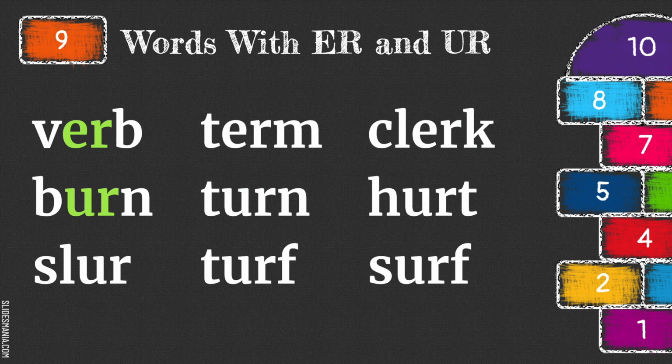Nerd. Herb, verb. Now, if you have trouble noticing the ER, UR, or IR in a word, you may need to circle it or underline it until you're used to thinking of the two letters as one sound.